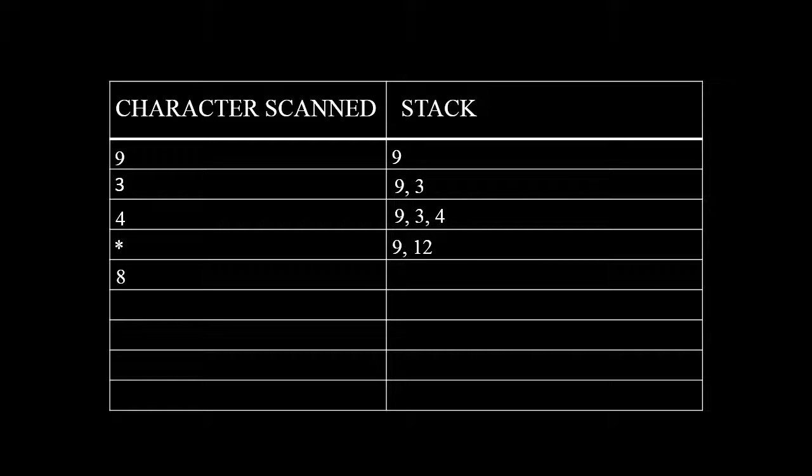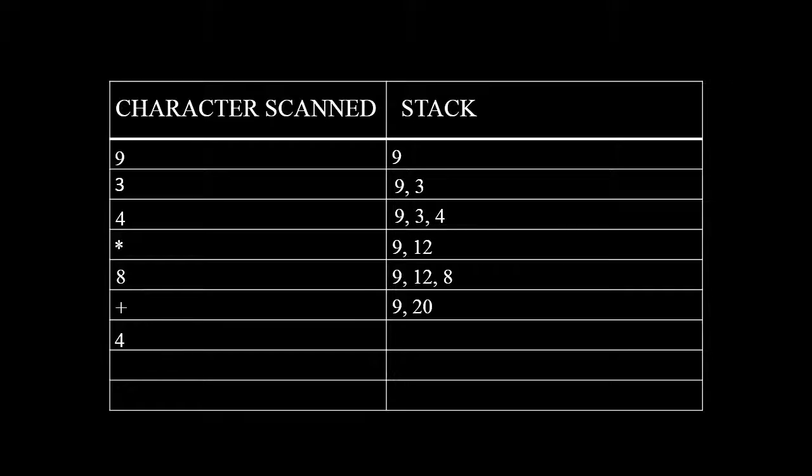Now here comes 8. As 8 is an operand, it is pushed on the stack. Now here comes plus. As plus is an operator, the top two values, that is 8 and 12, are popped from the stack and plus is applied on 12 and 8. 12 plus 8 is equal to 20. So 20 is pushed on the stack. Now here comes 4.